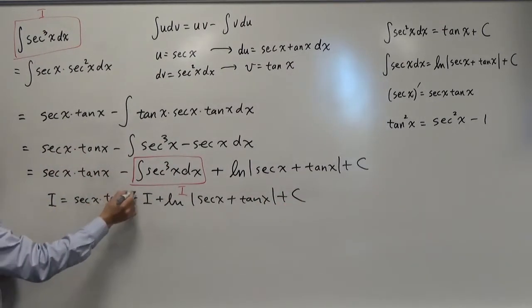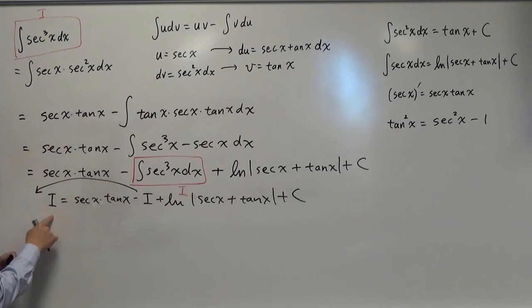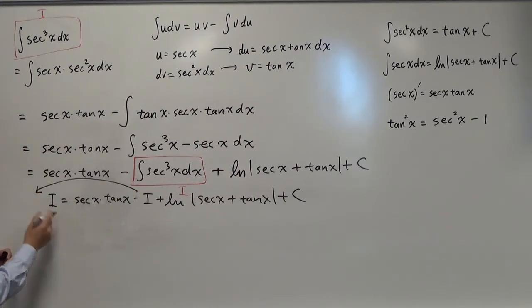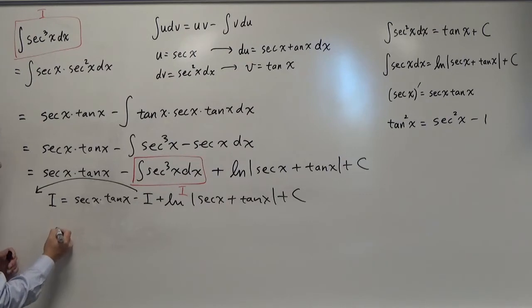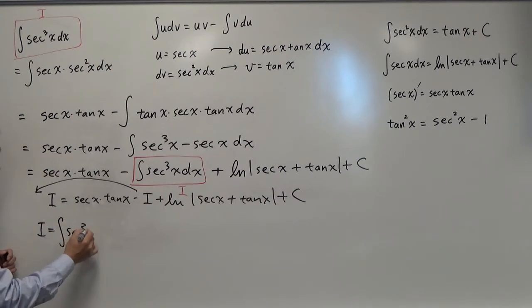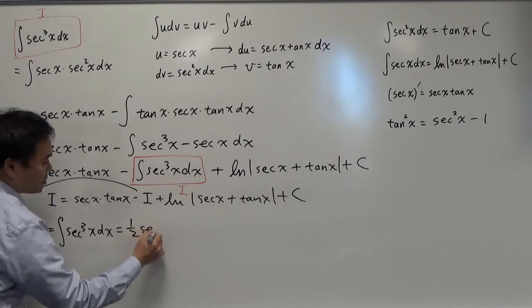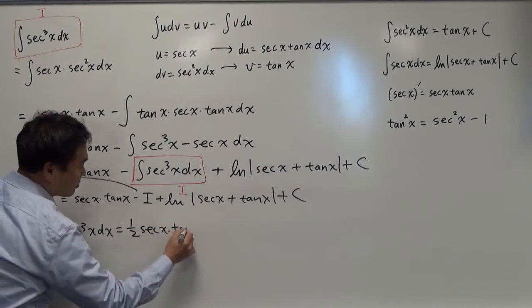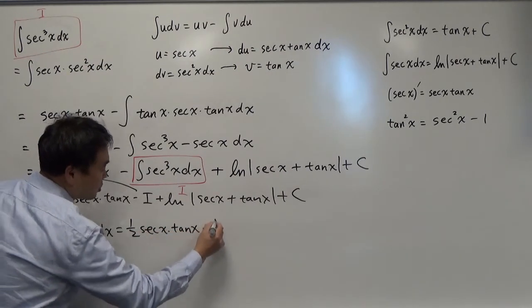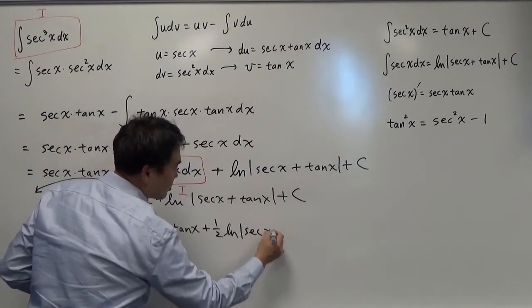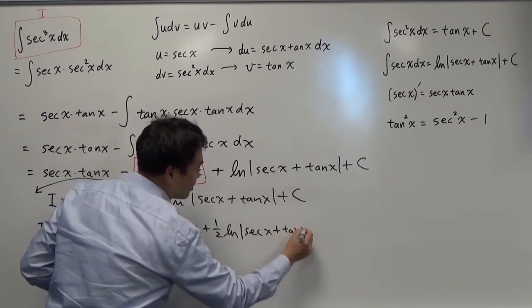And then if you move the I over here so that this becomes I plus I, which is 2I, and divide by 2, the result is that my integral I, which is secant cubed of x dx, is equal to 1/2 of secant x tangent x plus 1/2 of ln of secant x plus tangent x.